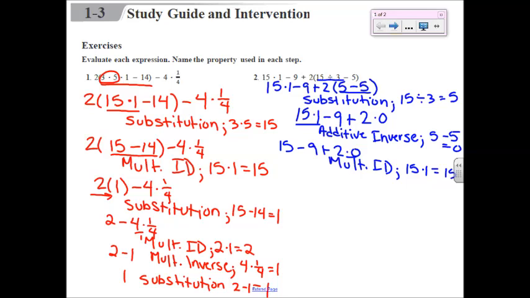Anything times 0 is 0. Multiplicative property of 0. 2 times 0 equals 0.